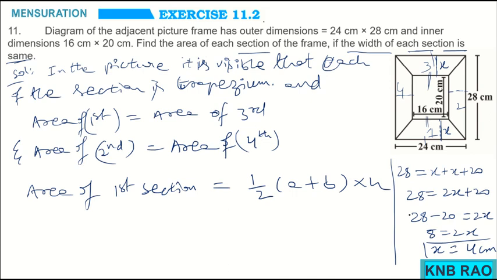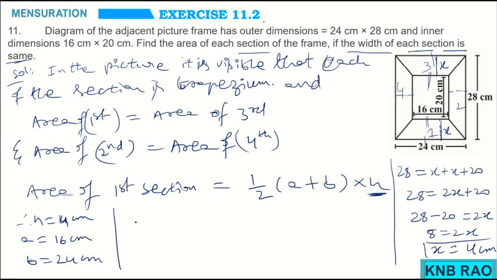So that 4 centimeter becomes the corresponding height or the distance between two parallel sides. Okay, so therefore h equals to 4 centimeter, a equals to 16 centimeter and b equals to 24 centimeter.